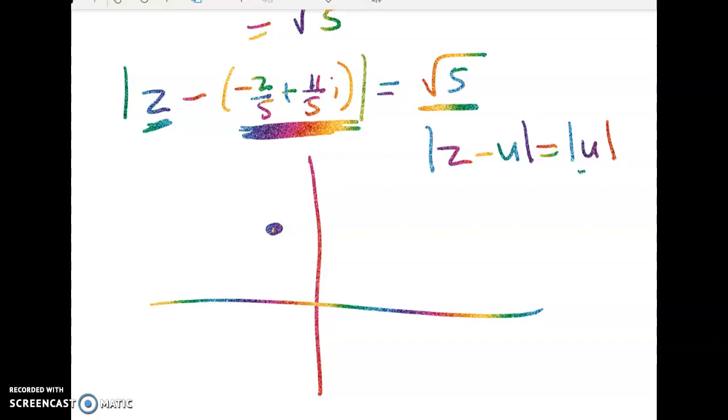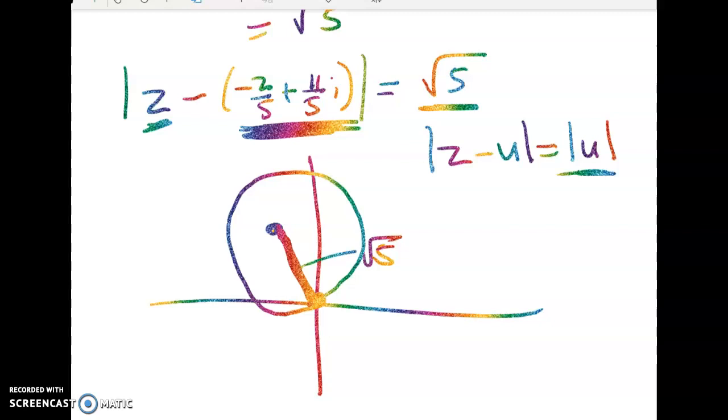But we know that the modulus of u is root 5. I hope I'm making some sense. So basically this line here is the modulus of u, and that's equal to root 5. So now we're just going to whoosh a circle around like that.